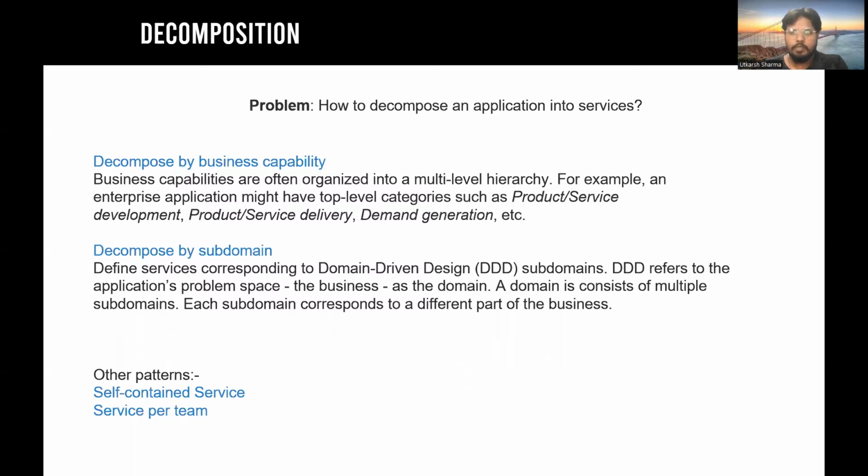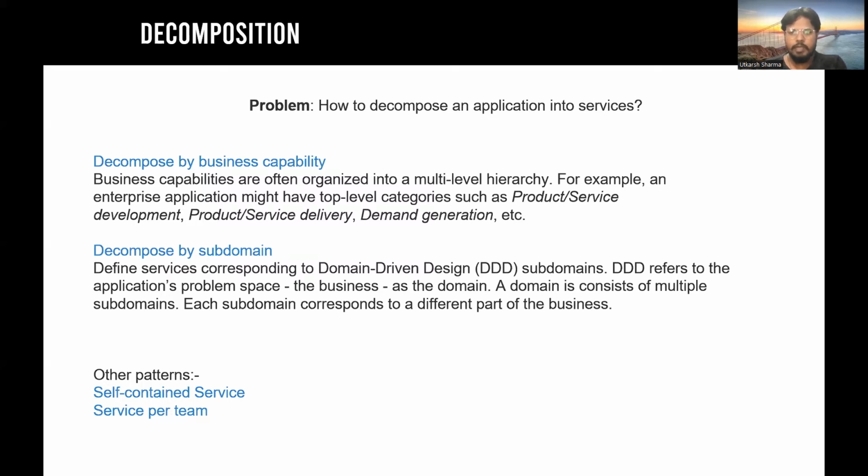So if you're asked to migrate or convert a monolith-based application, or if not monolith-based, a SOA architecture-based application, what will be your thought process? We can either decompose our application based on the business capability that it has, or we can decompose our application based on the subdomains.